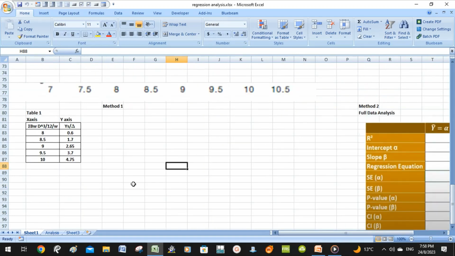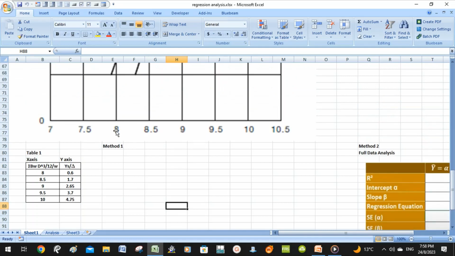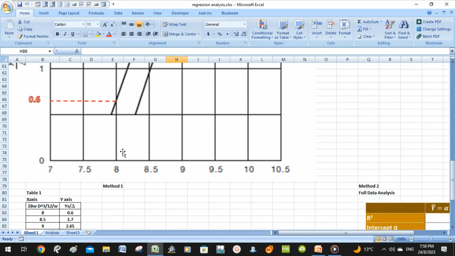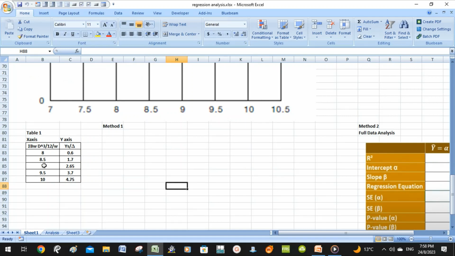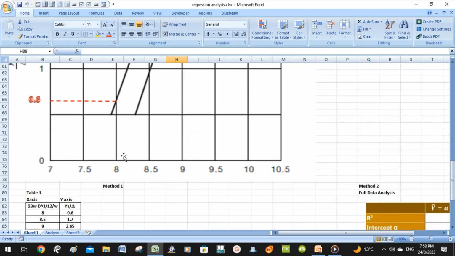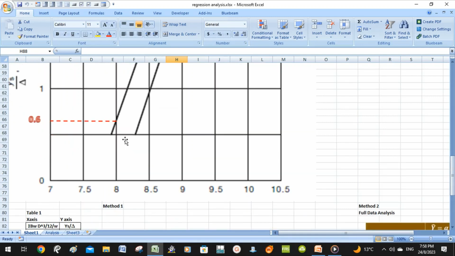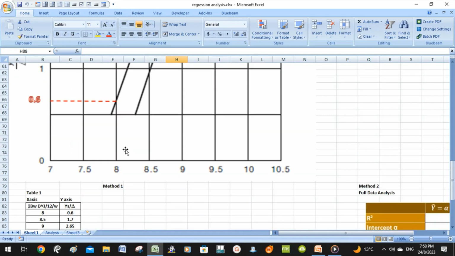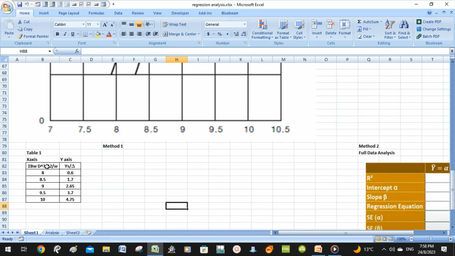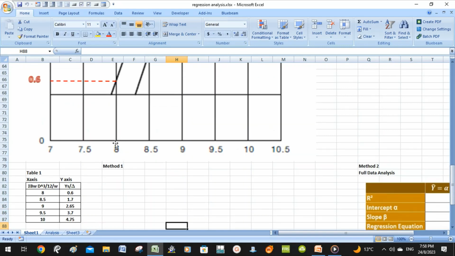In step 1 of the first method, what we need to do is determine as many x and y coordinates as we can for the line that you choose to do the equation for. So in this case, we have the linear log line, which has been already drawn for us in figure 4.1. So what I've done, I went up to the x-axis and I went one by one.